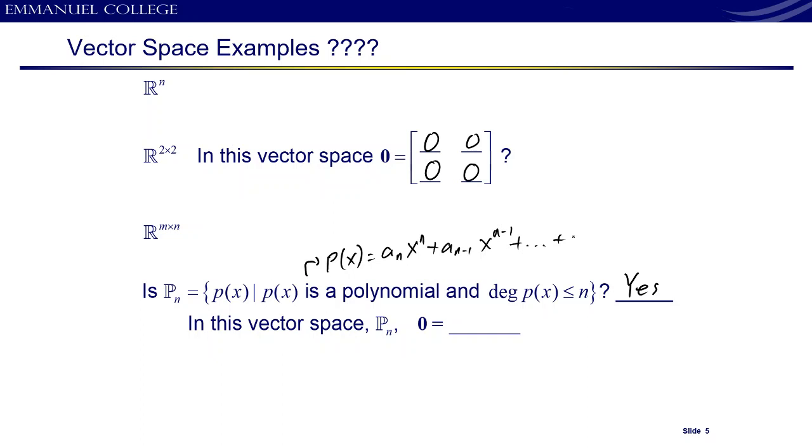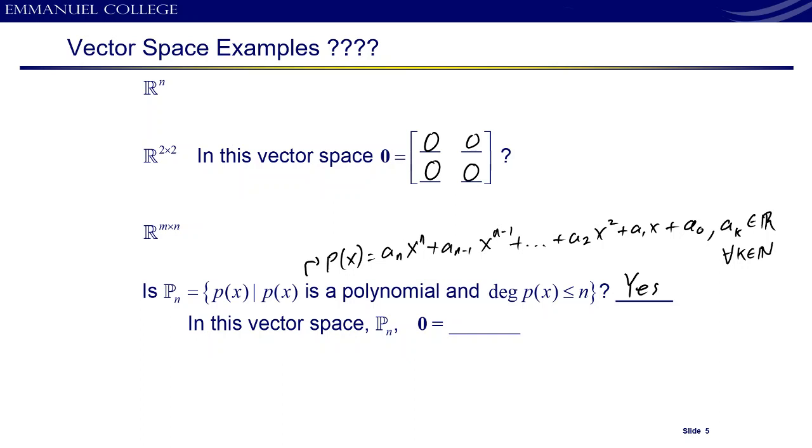And then we'd eventually get down to a_2 x squared plus a_1 x, and then just plus a_0. All of your a's are some real number. So it doesn't matter which one of these you pick, it's still going to be in there.